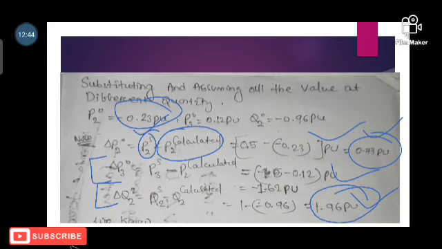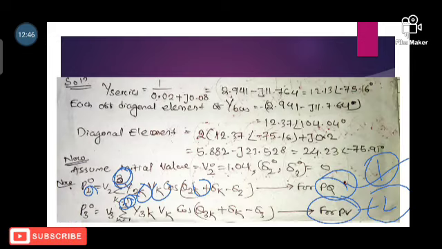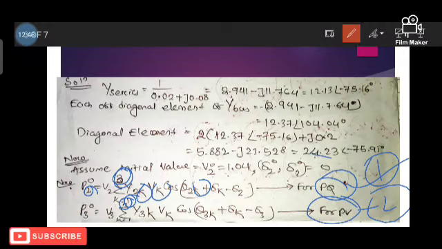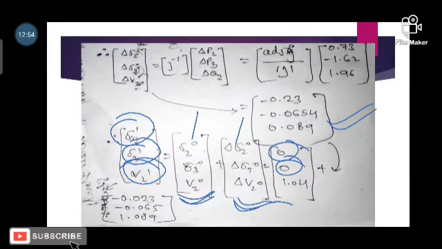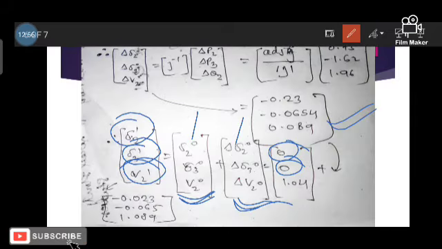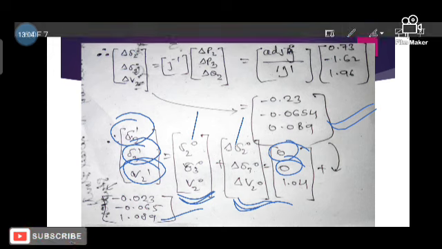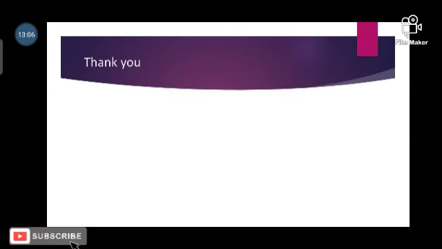We have taken the initial guess value here. So after putting and adding, we get minus 0.023, minus 0.065 and 1.089. So this is your answer.